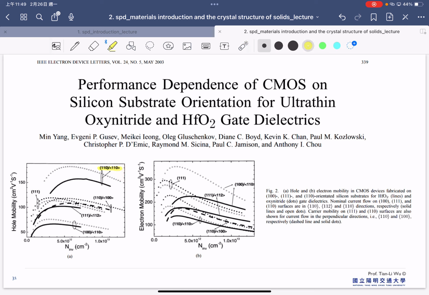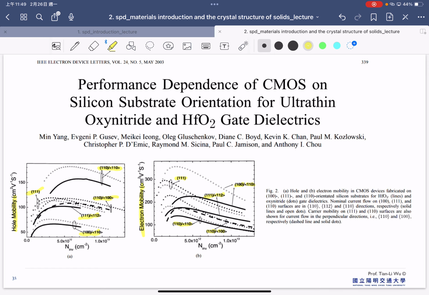Here, the y-axis is related to the hole mobility. This is electron mobility. Again, this is just a lot of the Miller index here, which just refers to different orientations, different crystal planes.